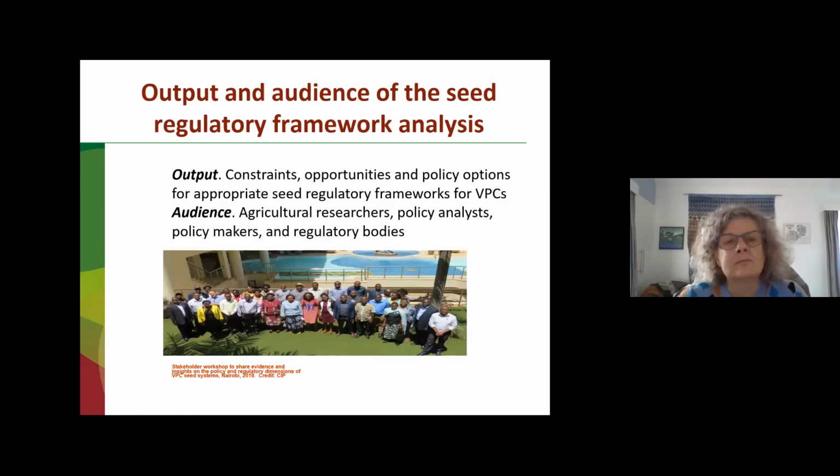The outputs from this tool help us to understand some of the constraints and opportunities from the perspectives of different stakeholders in the seed systems. For example, both seed producers and seed users and the regulatory bodies. The outputs also include policy options for appropriate seed regulatory frameworks for VPCs. The intended audience for this information includes agricultural researchers, policy analysts, policy makers, and the regulatory bodies.